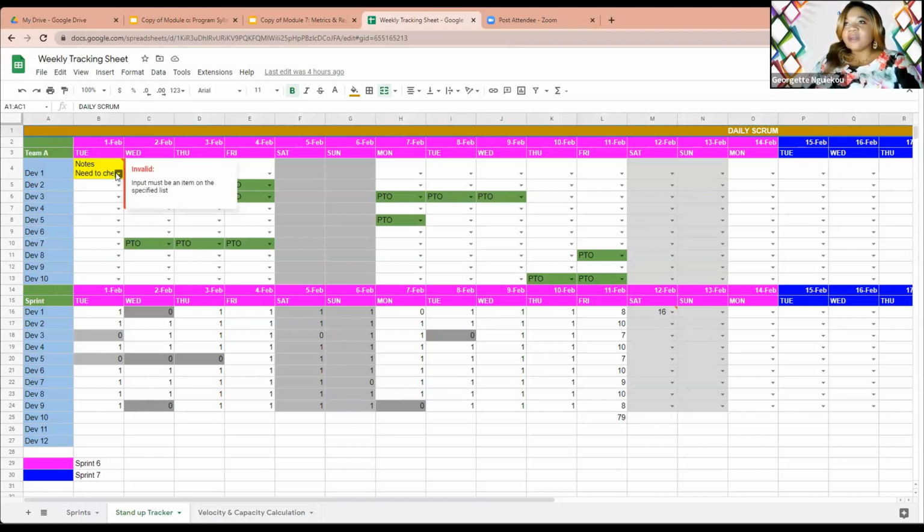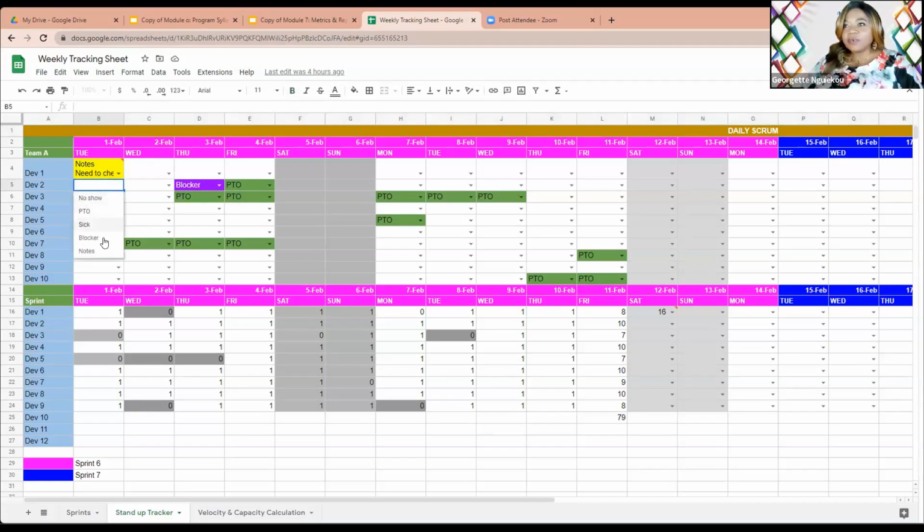Because I want to make sure that if a developer says something, I can follow up. I don't want to forget, right? You see that here, I have a drop-down menu. If the developer doesn't show up, I will put no show. If I need to take a note, I can put a note, and then I will say something like, need server upgrade.